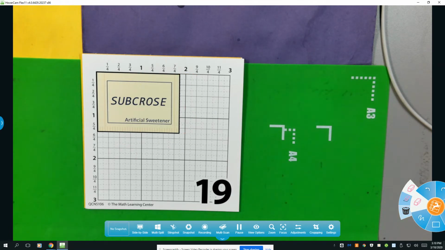If you go with 2 whole square units, really quick, guys, 2 whole square units would be all of this unit right here, all of this unit right here, and then a little bit more. All right.